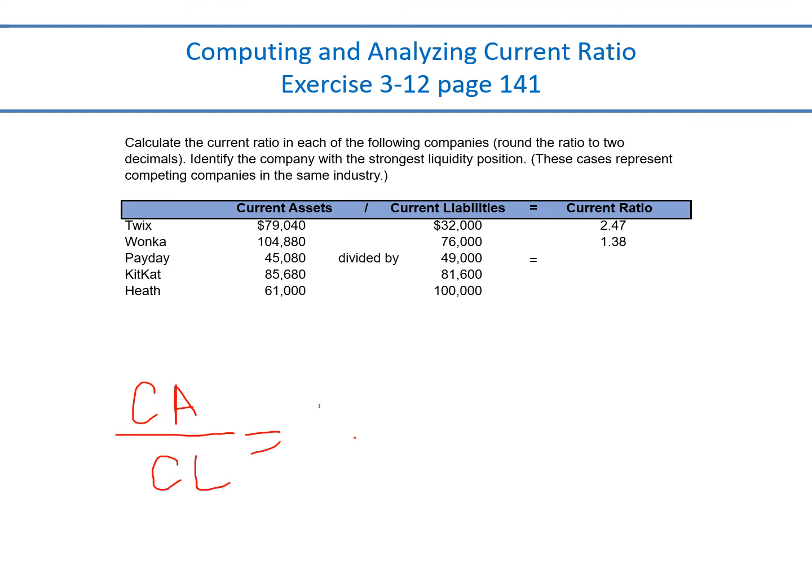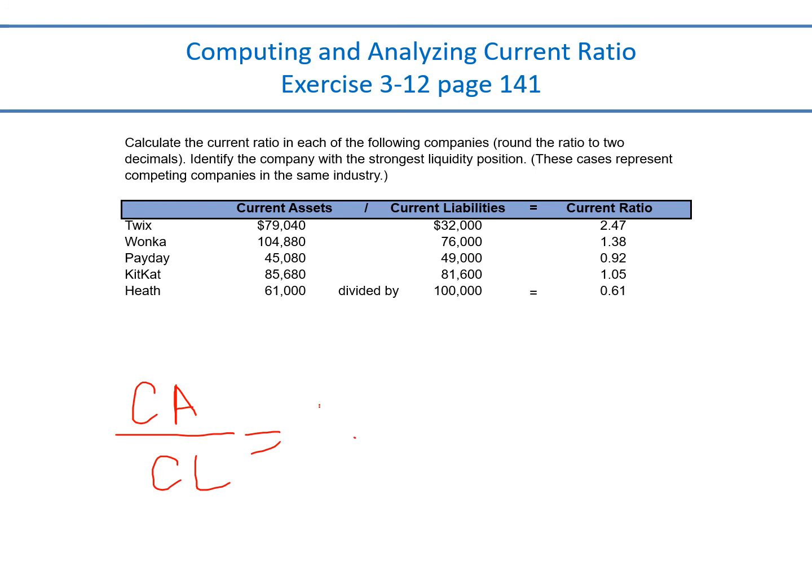Payday, current ratio of 0.92. Kit Kat, current ratio of 1.05. And Heath, current ratio of 61,000 divided by 100, or 0.61.